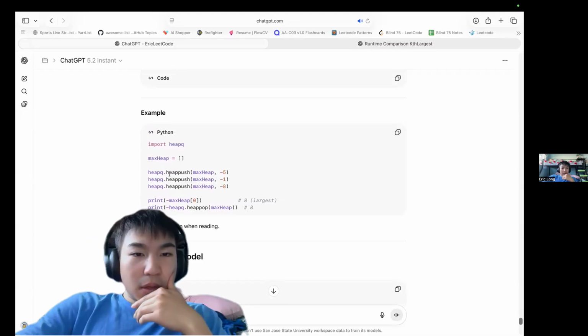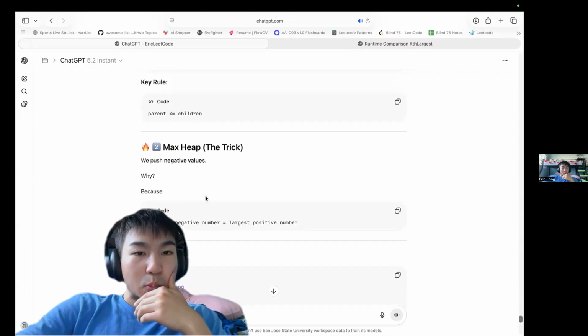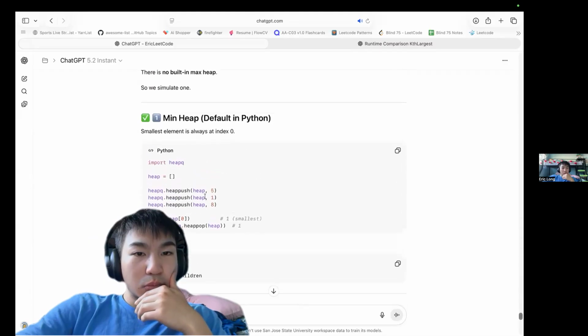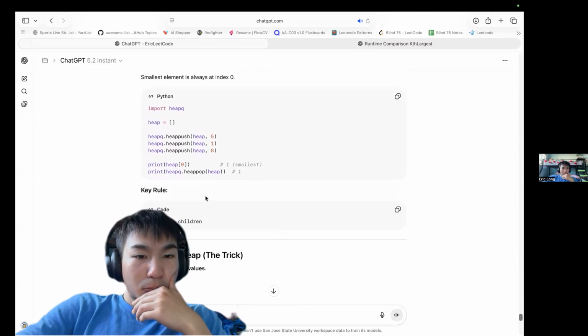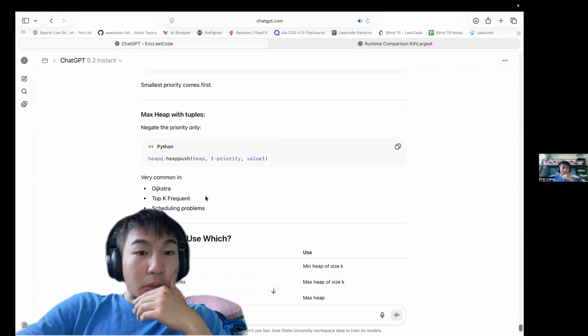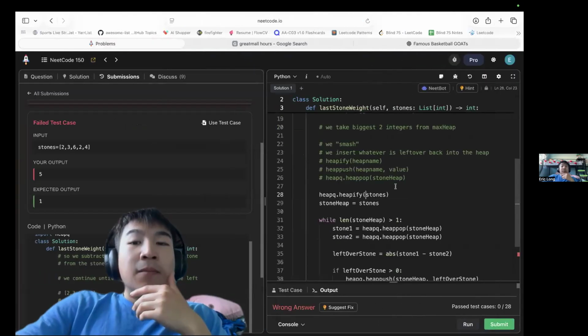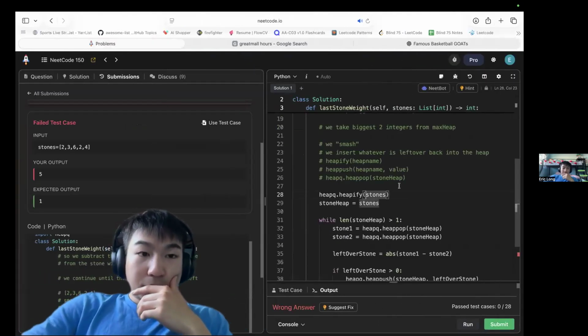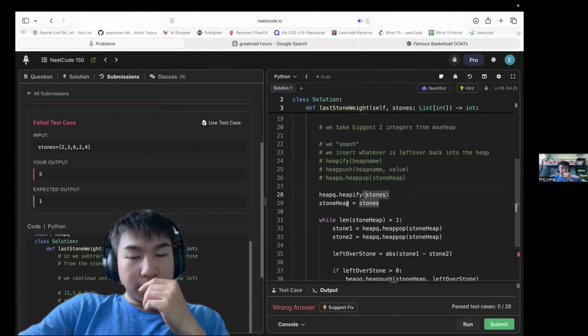So heap push max heap negative numbers. Okay. How do I make all these numbers negative?